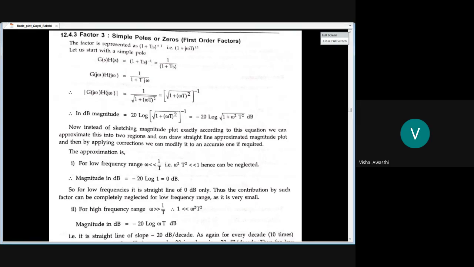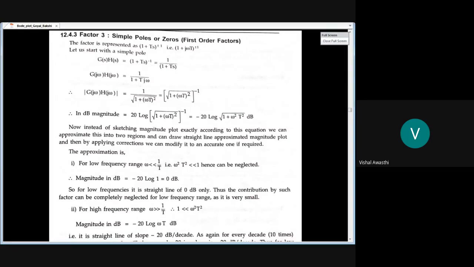So when you expand this one, this is minus 20 log omega minus 20 log t. So when you compare this equation with your straight line equation, y is equal to mx plus c, your c is nothing but the intercept at the y-axis, which is equal to minus 20 log t, whereas the rest is y is equal to mx. And when you compare this one, you will have a slope of minus 20.